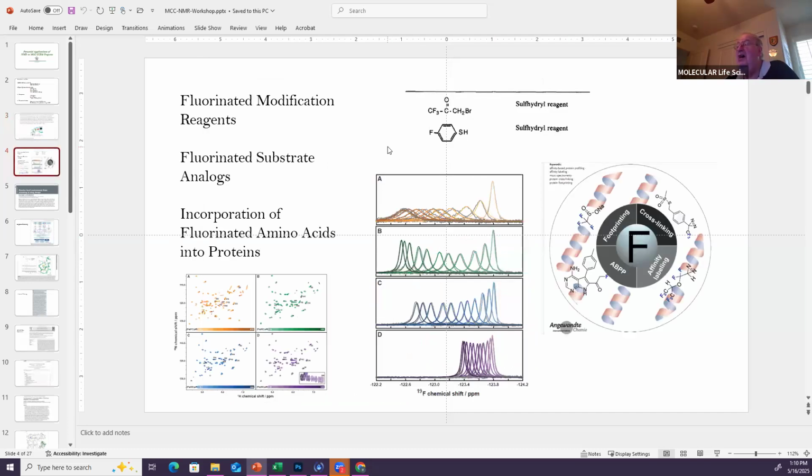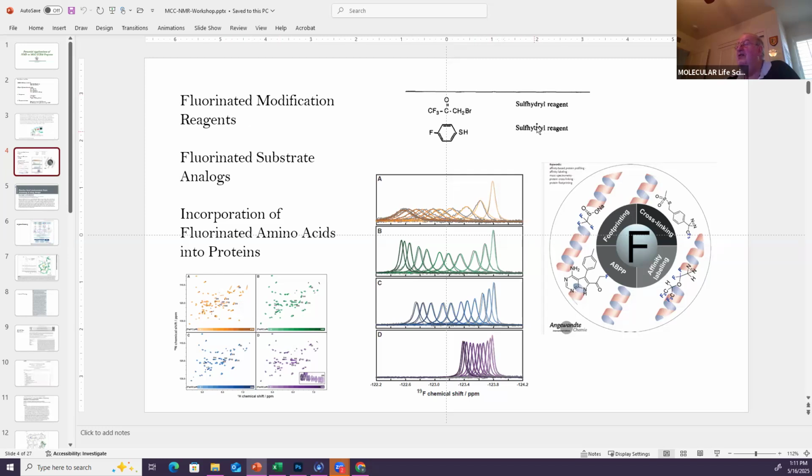This gives you a brief snapshot of the various things I'm going to illustrate in terms of ways of getting fluorine into the system. If you want fluorine on the protein, you can use fluorinated modification reagents, and these two are both ones that react with sulfhydryls.